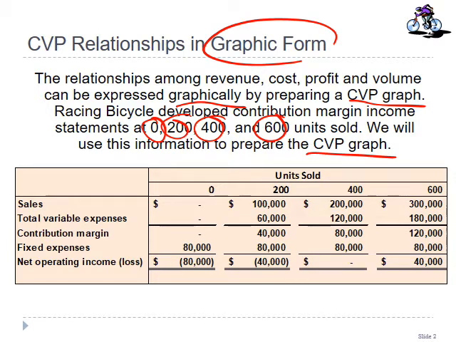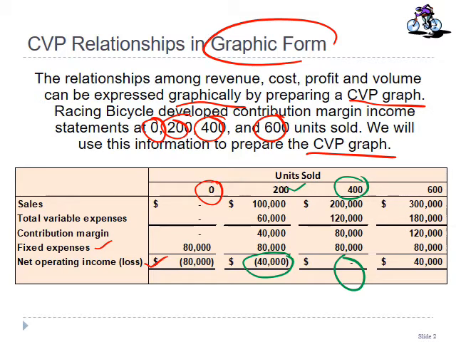So here it is. When they sell 0 units, the loss is 80,000, which exactly equals our fixed cost. And when they sell 200 units, their loss is 40,000. Why? Because we know from our previous examples that 400 is our break-even. On break-even, no profit, no loss.